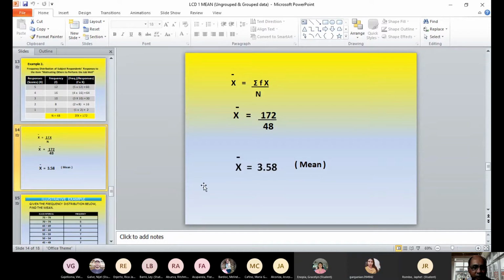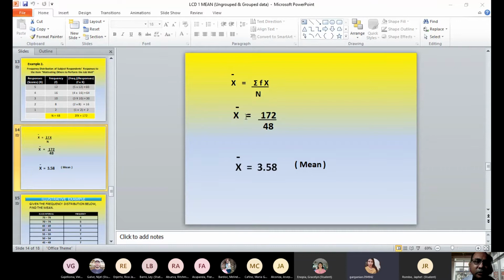Talking about the level of motivation, it is high level. 3.58 falls within 3.5 to 4.49.